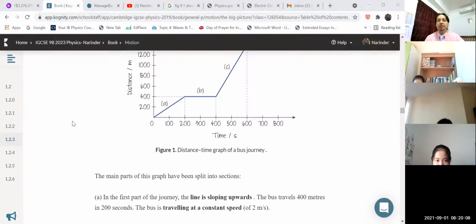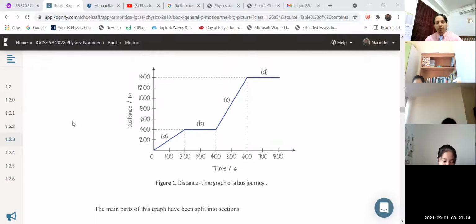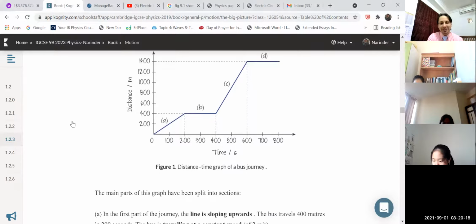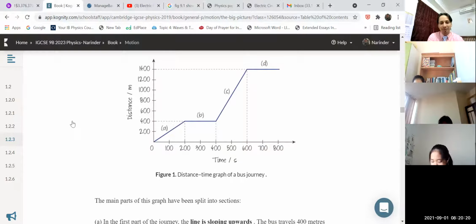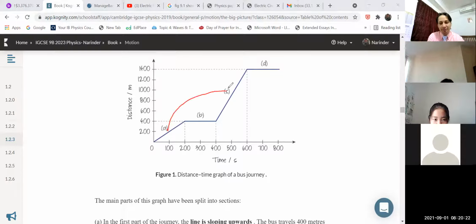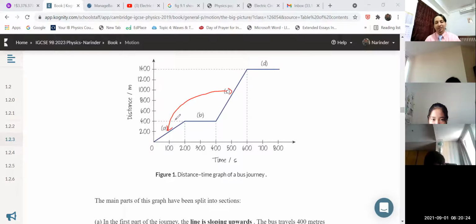Now let me move to section number 3 of this graph, part C. And if you observe, is there any difference between section A and section C, children? Section C of the graph is steeper than section A. Yes, very good, children. There is a small difference, and what is that difference?